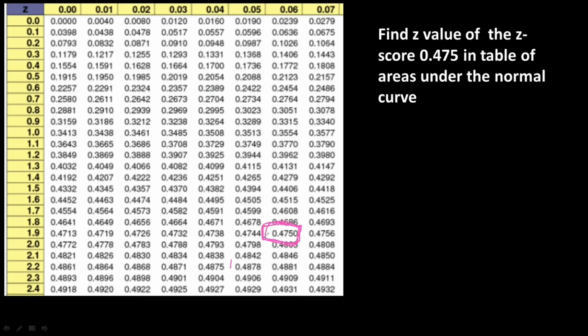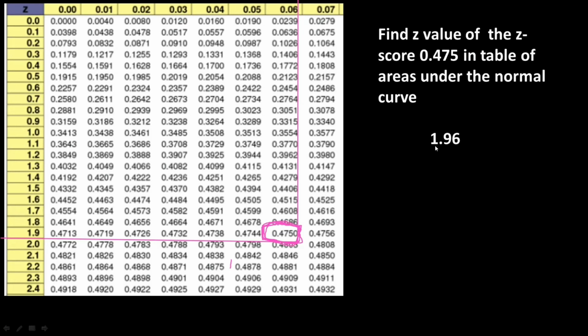So ngayon, to find the z-value, itatapat lang natin siya dito. Yan. So this is 1.9, and then yung third digit natin ay 6. So therefore, ang ating z-value is 1.96.